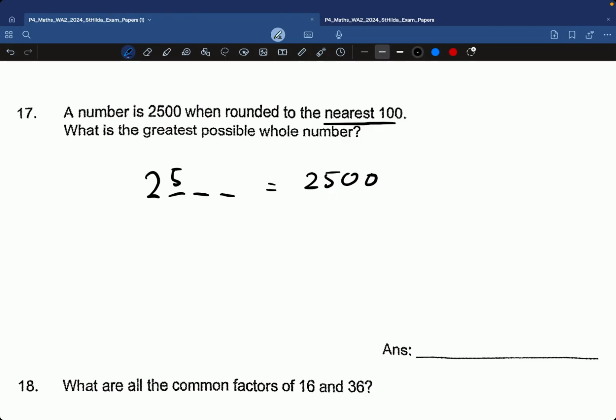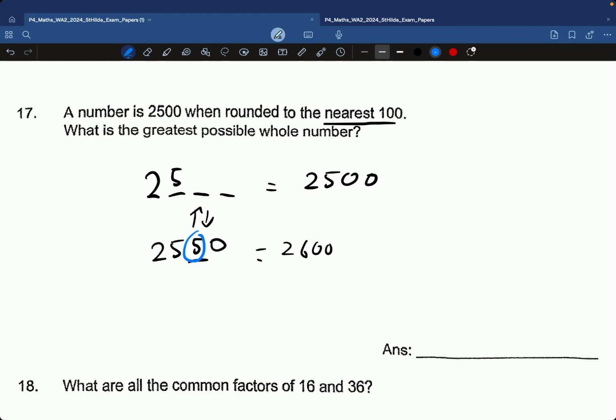Okay, so now the next thing is 2,500. Let's say we put here 50, right? If we round to the nearest 100, we go to the tens place. Can we round up, or we cannot round up? So basically we will round up, and this will become 2,600, because when it's 5 or more, then we have to round up.